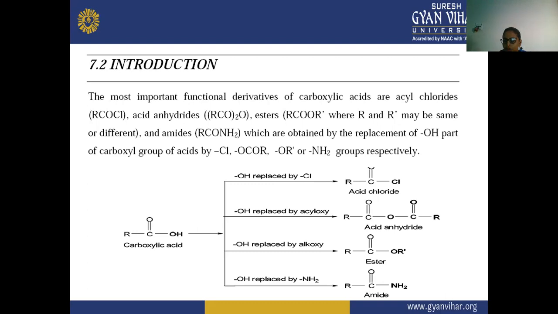So the functional group of acid chloride is RCOCl, which is formed by the replacement of OH from the carboxylic acid by chlorine, that is Cl, or any other halogen. Next is RCOOCOR, that is your acid anhydride, which is formed by the replacement of the OH group on the carboxylic acid by acyl oxy.